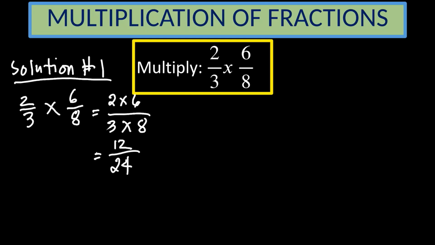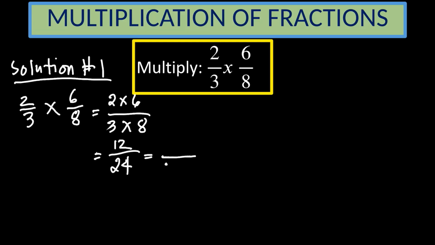Okay, and so the next thing that you need to do is to simplify the resulting fraction, meaning you need to identify whether there is a common factor between the numerator and the denominator. In this case, we have 12 in the numerator and 24 in the denominator. So what do you think is the common factor between 12 and 24? If you notice, 24 is divisible by 12.